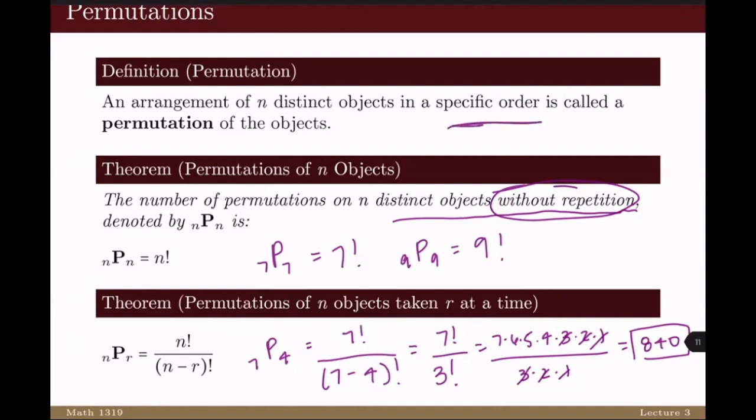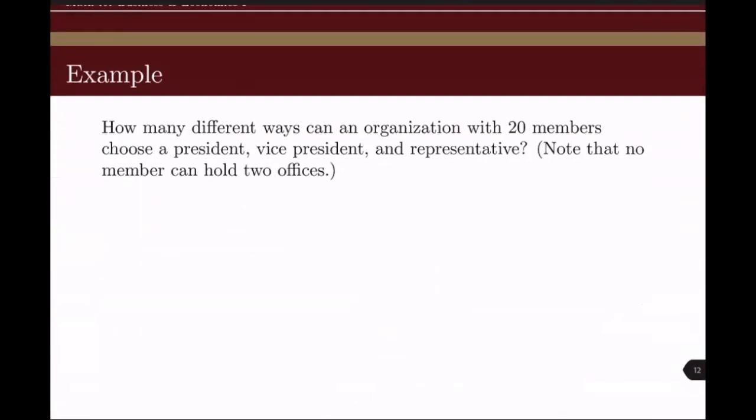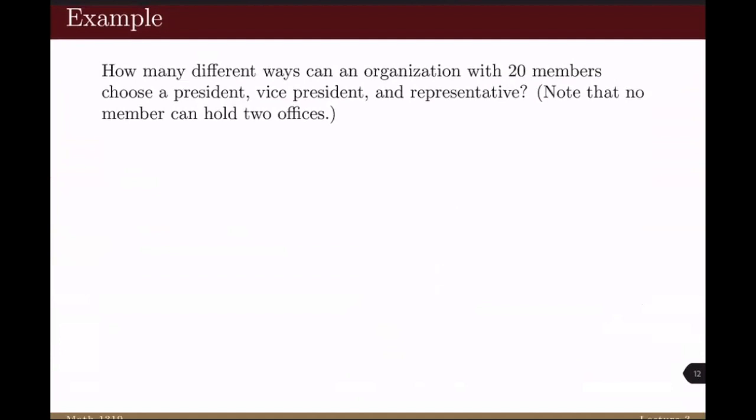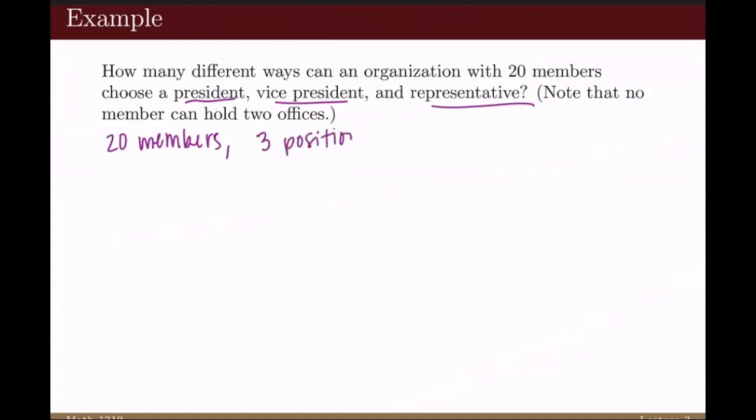We also care about the order because we care who's president, we care who's vice president, right? So that's why this example is a permutations problem. We care about the order and we can't have any repetitions. Okay. We have 20 members we're choosing from, and we have 1, 2, 3 offices, or positions.